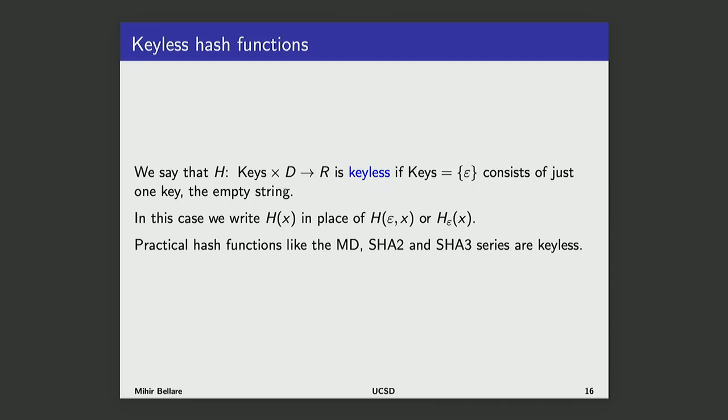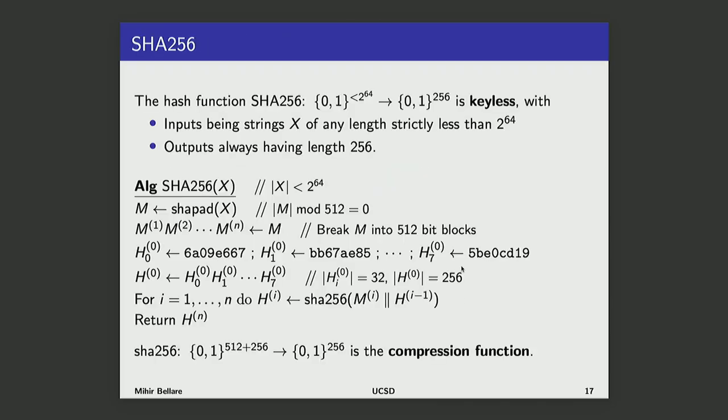And so when you write H, you may as well drop it. Instead of writing this or this, we just write H of x. That's now an understood convention. Indeed, functions like the MD, SHA-2, and SHA-3 series are all keyless in this way. But you can still talk of finding collisions in the usual way.